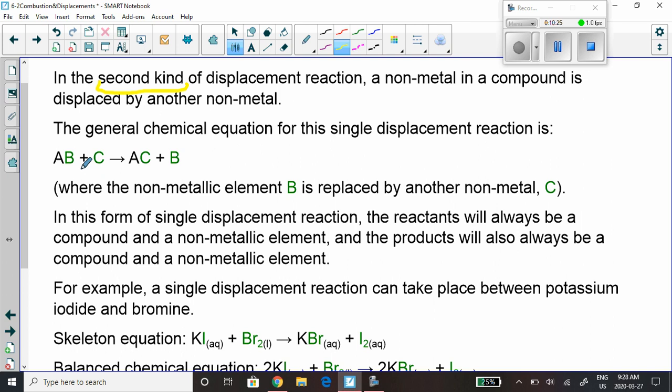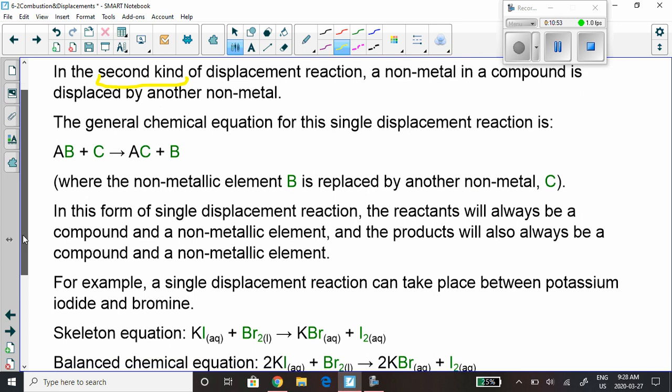AB, the nonmetal B in the ionic compound is going to react with a nonmetal C, and look what the C does. Boom, kicks the B out. So now the nonmetal C is part of the ionic compound, and B, which used to be the nonmetal in the ionic compound, is out on its own as an element.